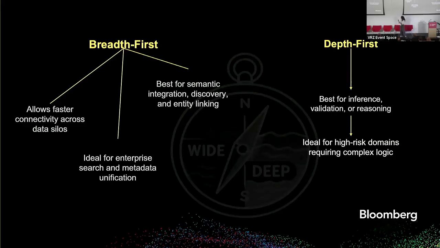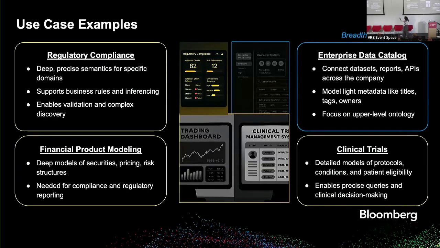And if you want to use inference, validations and reasoning also, I think that's a good choice. These are some examples: regulatory compliance, financial product modeling, clinical trials. These are very sensitive domains, so going depth first is a good idea. However, for something like a data catalog, you want to go broad.